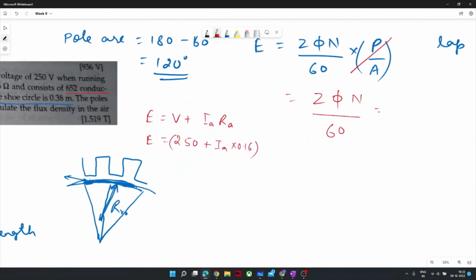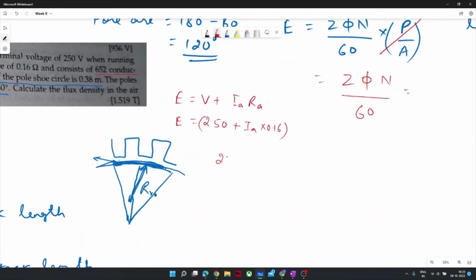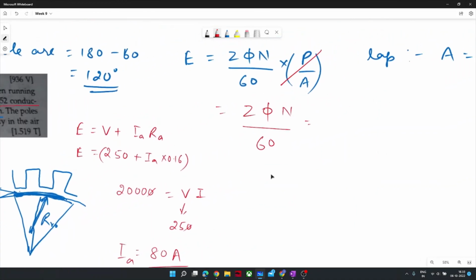To compute IA, I will take help of this power. The power was 20 kilowatt, sorry. So 20 kilowatt will be equal to V into I. V we know is 250, so I we can easily compute from here. 80 ampere would be your armature current that will flow through this circuit.